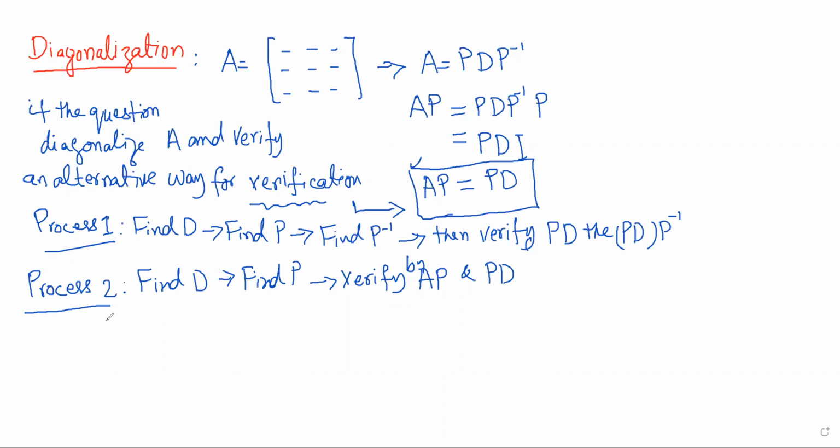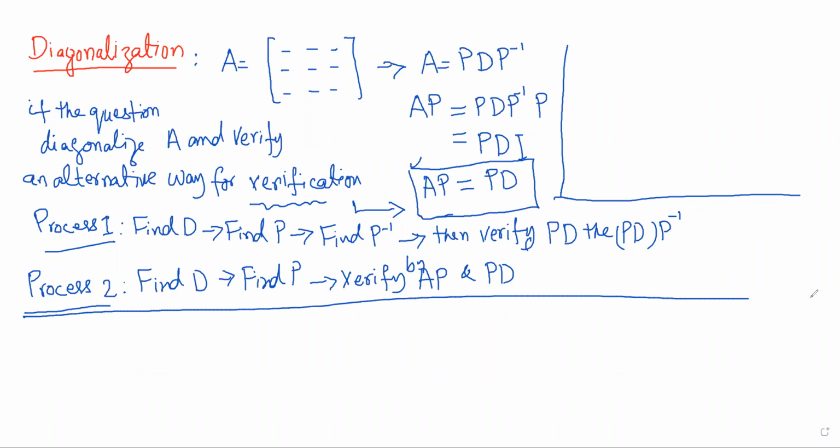Another point which I want to emphasize is that there may be some situations when finding the P matrix. You remember that you find the P matrix from eigenvectors.